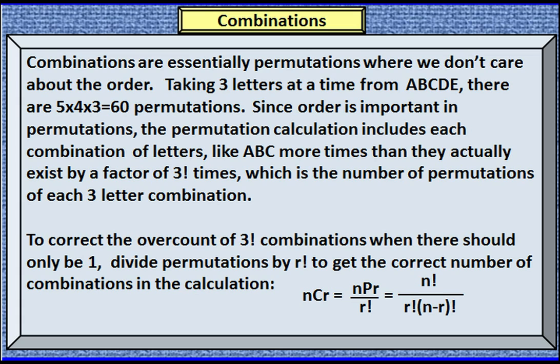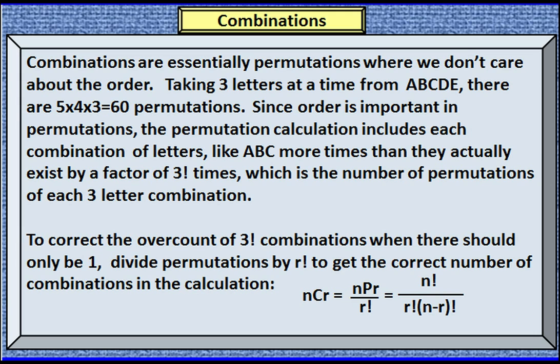Combinations are essentially permutations where we don't care about the order. Taking 3 letters at a time from A, B, C, D, and E, there are 5 times 4 times 3, which is equal to 60 permutations. Since order is important in permutations, the permutation calculation includes each combination of letters, like A, B, C, more times than they actually exist by a factor of 3 factorial, which is the number of permutations of each 3-letter combination.